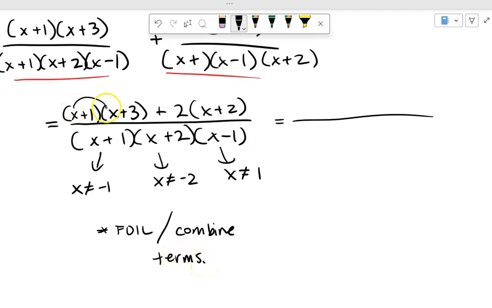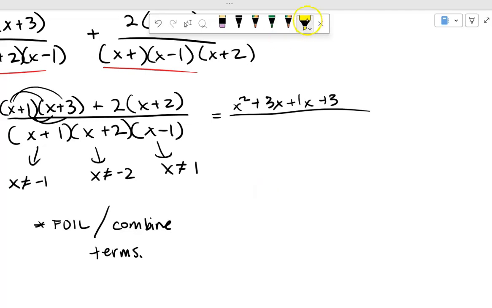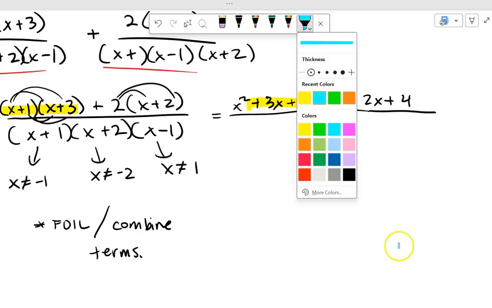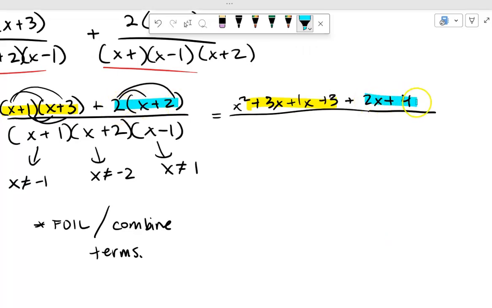So I'm going to foil x squared plus 3x plus 1x plus 3 for this piece. I've got a plus sign in between, and then I have 2x plus 4 for my second fraction right here.